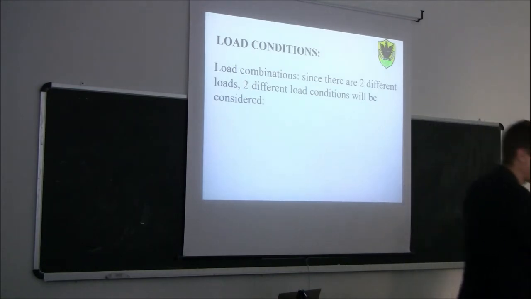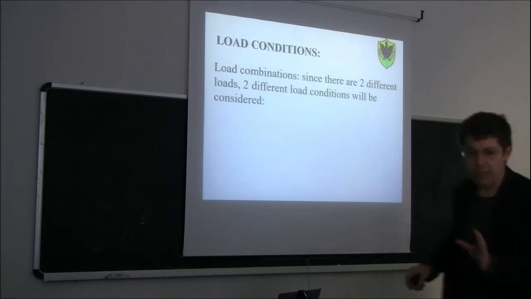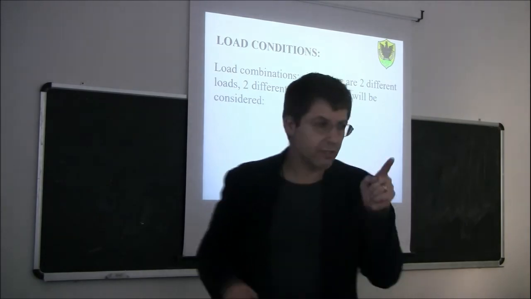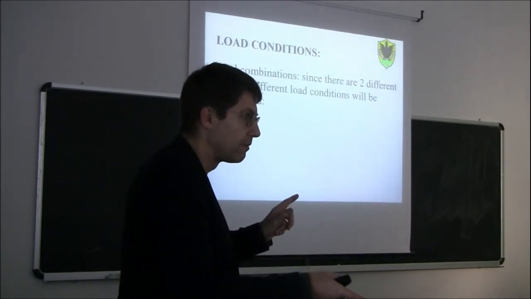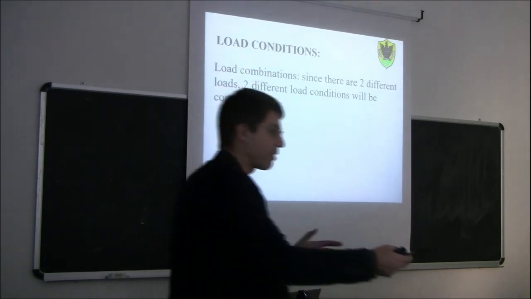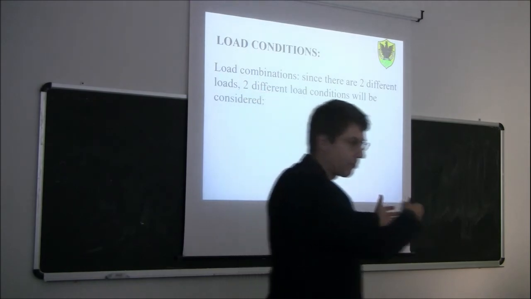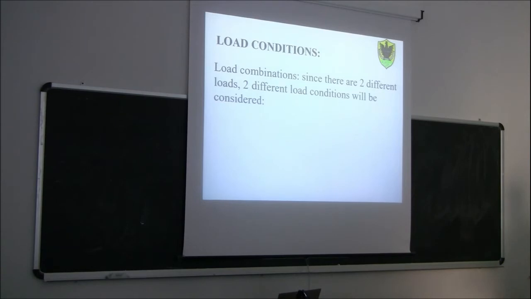This will give a certain value. Then we calculate gamma G Gk, another value, and then we do the ratio between each of those two values and the associated k mod. The most critical load condition is the one where this ratio is maximum. If you remember, for reinforced concrete, we take the maximum one. Also here we take the maximum one, but the maximum value of the ratio. So this is what we have to do.